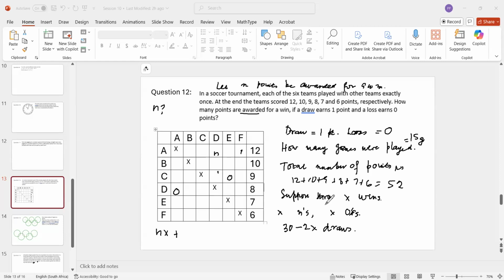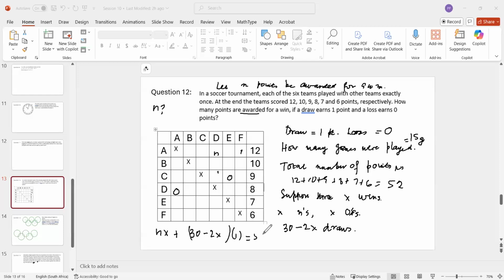And the draws, each of the draws will count for 1 point. So you got 30 minus 2x times 1, because these draws will count for 1 point. So when I add up all these numbers, I'm going to get 30 minus 2x ones, and x n's, and zeros as well, plus n 0 if you like.